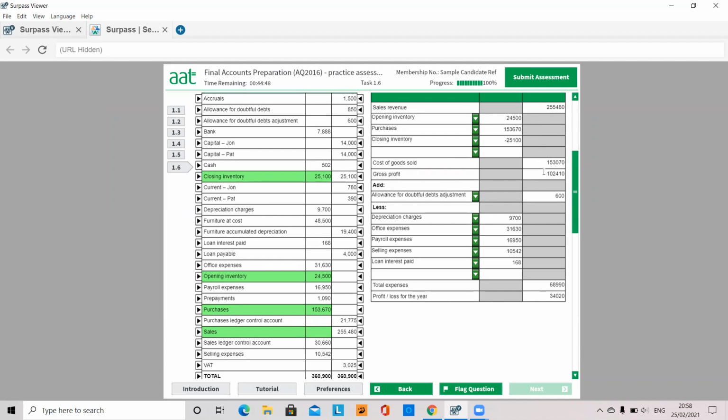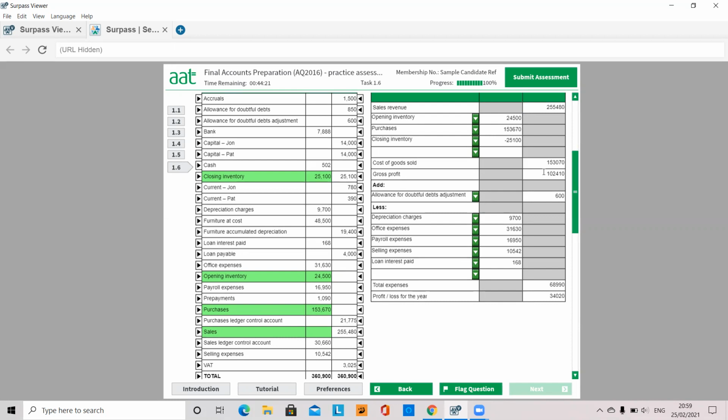I can't not do this because it's a habit. I'm just interested in what the gross profit margin will be at that point. So the gross profit is 102,410, divided by the sales of 255,480, times 100, equals a 40% gross profit margin.